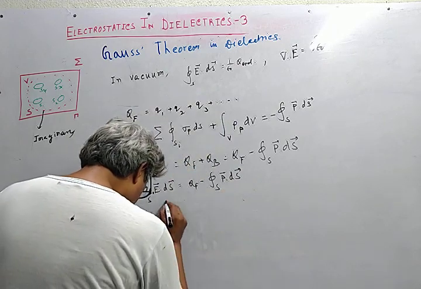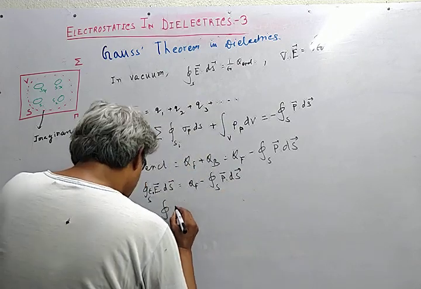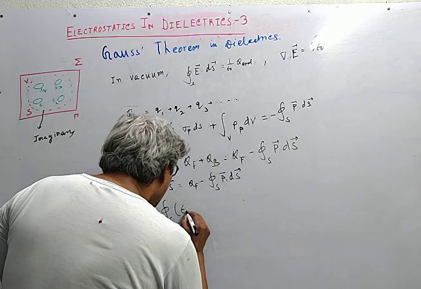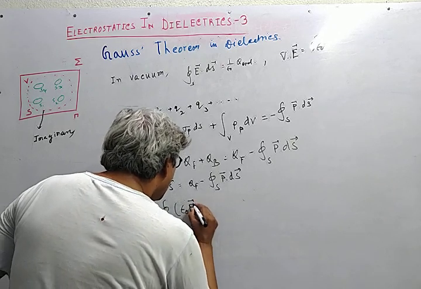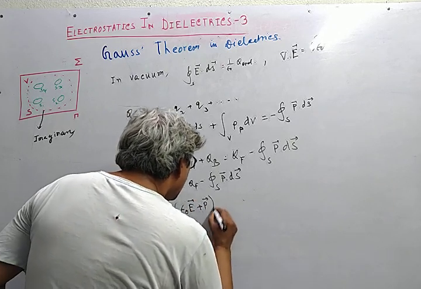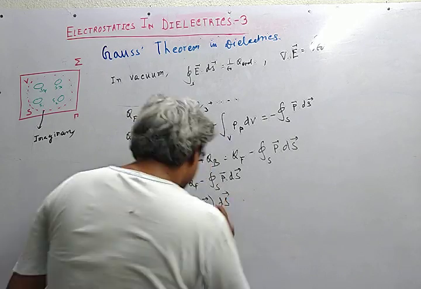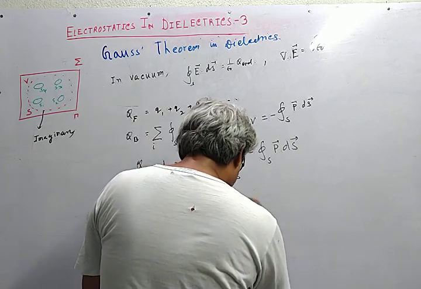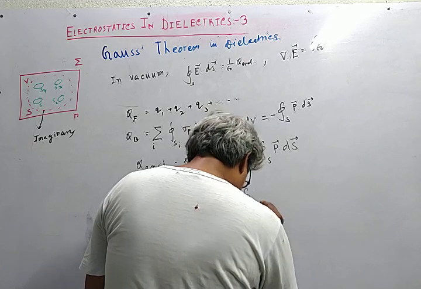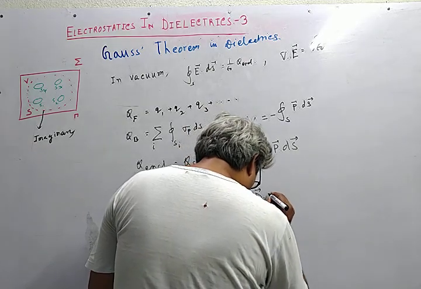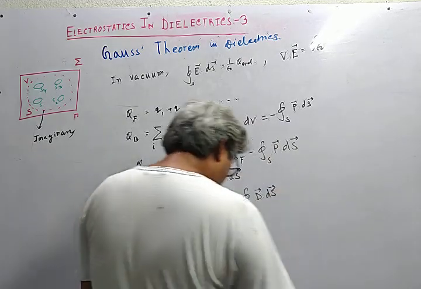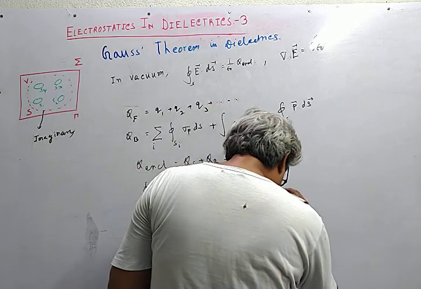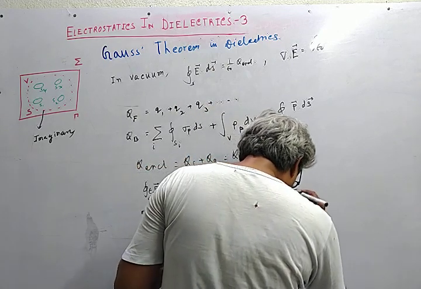This quantity warrants a new name and we call it D, and it is historically called the displacement vector, electric displacement vector, and is equal to QF.